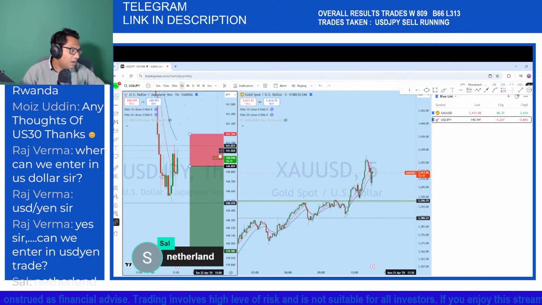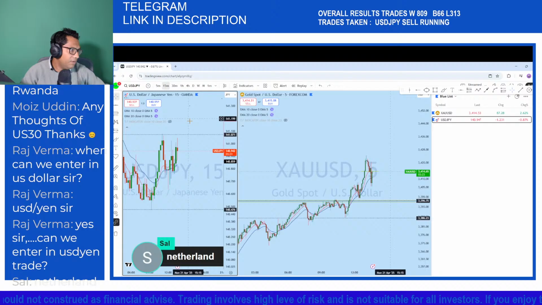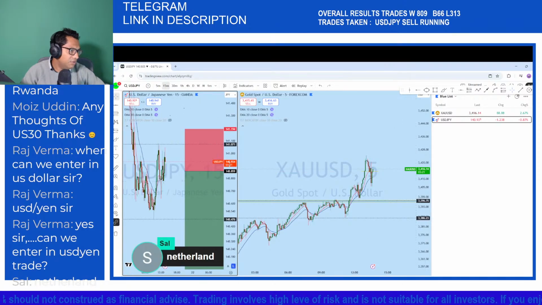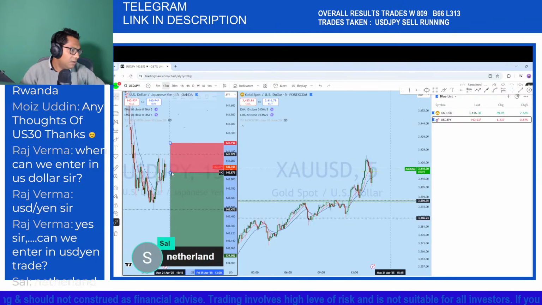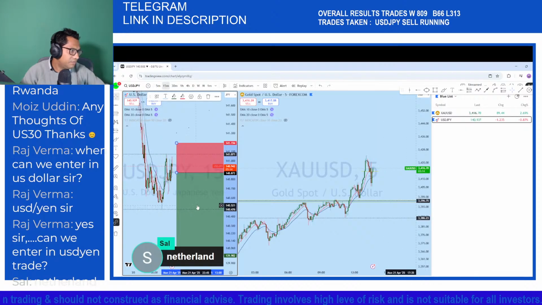So on the 1 hour, a candlestick pattern, a doji. 15 minutes also showing that bearish. So dollar yen, I think we can expect it to range back down.